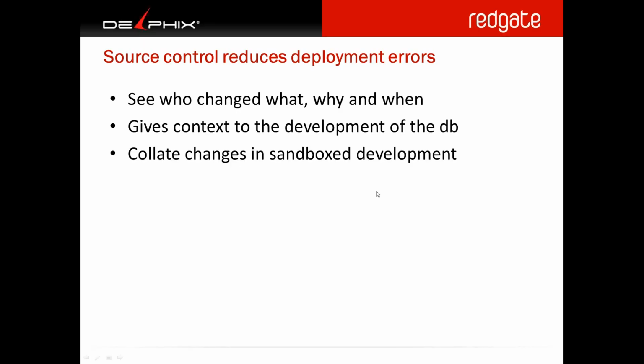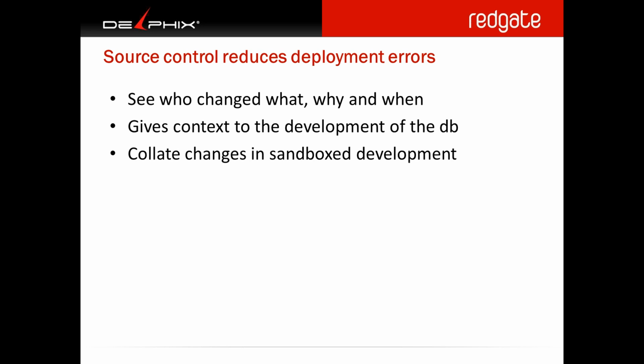So one of the things that we believe really strongly in reducing errors, particularly when it comes to deployment, and especially when you've got multiple people with their own copy of the database and they're making changes, is to put source control at the heart of development. And source control can help reduce deployment errors.